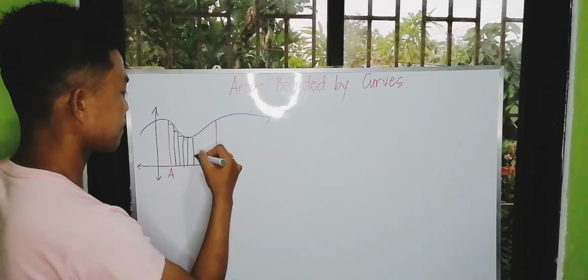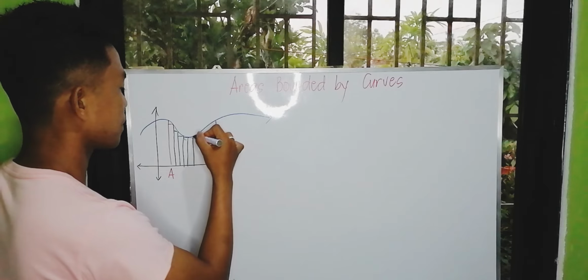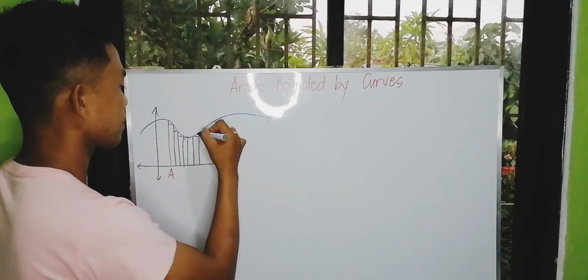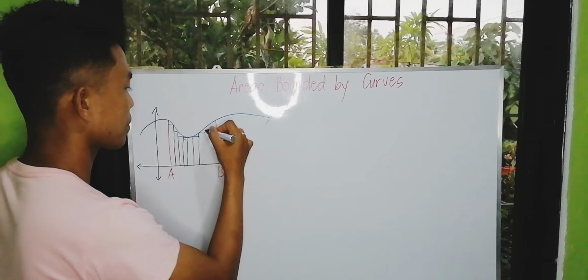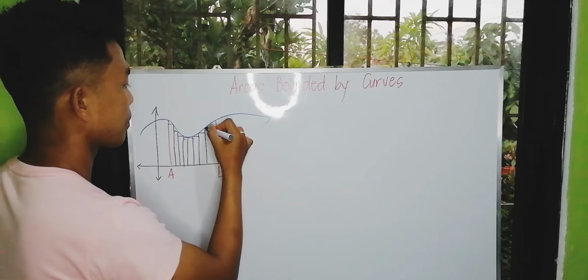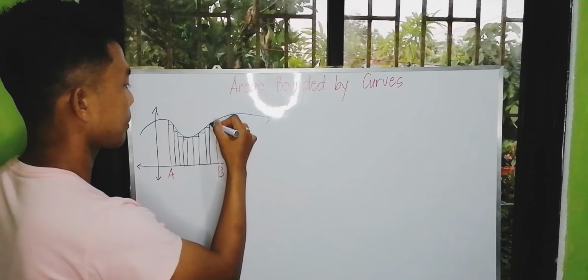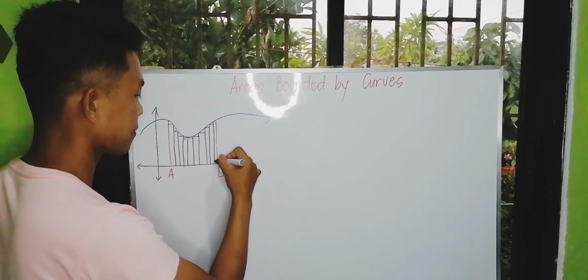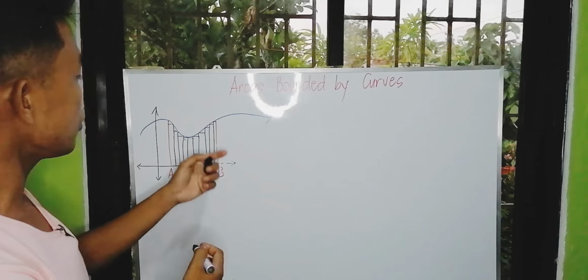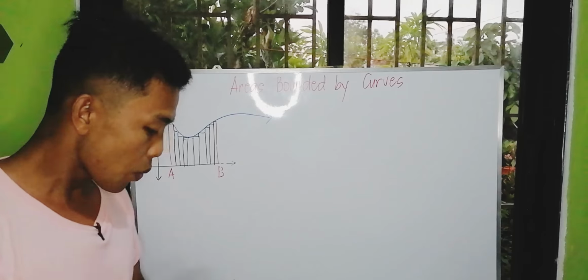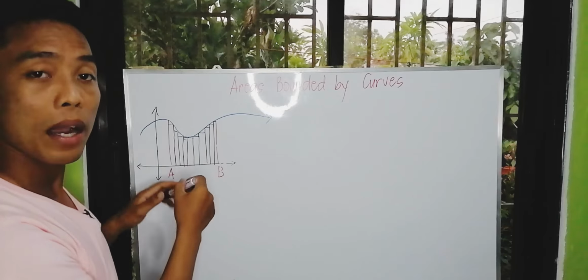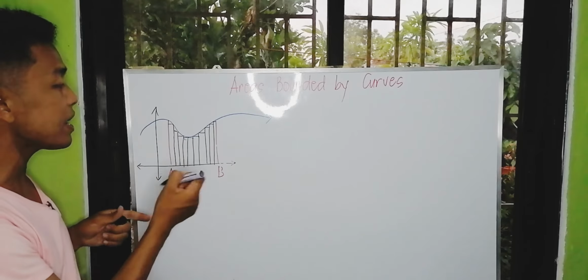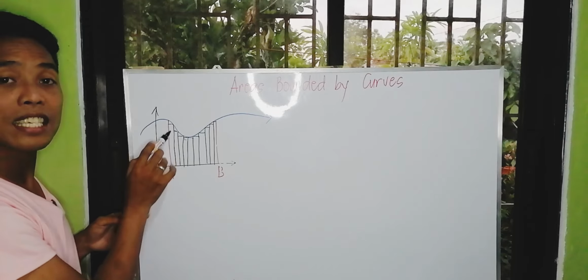Alright. Alright. So, kung mapapansin nyo, marami tayong rectangle na nagawa. However, habang ginagawa natin yung mga rectangle na yun, meron tayong mga spaces kung saan hindi siya nakasama sa rectangle.